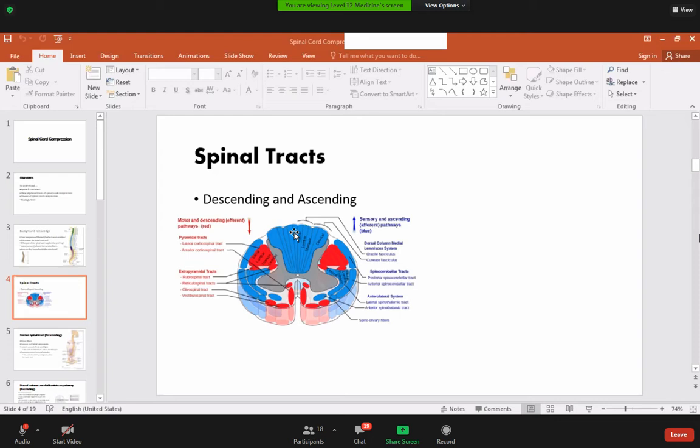So we have the dorsal pathways or the dorsal tracts. They are usually the sensory tracts, and these are the ascending ones. And we have the anterolateral tracts, anterior and lateral tracts, which are the descending tracts coming from up downward. And then there are spinothalamic tracts and spinocerebellar tracts, which have their own bundles there.